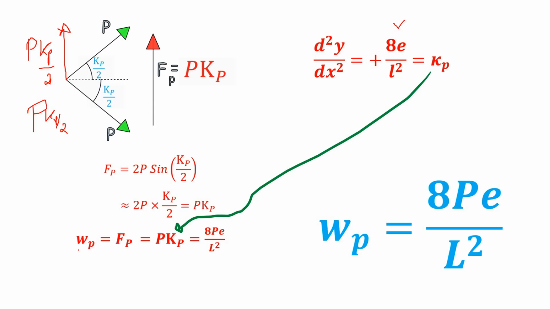So this pre-stressing force applied to the cable at the anchorages will exert a force of Wp, which is equal to 8 times the pre-stressing force multiplied by eccentricity divided by L square. So we can see that the final force exerted by the parabolic cable, which is pre-stressed, is 8Pe by L square.